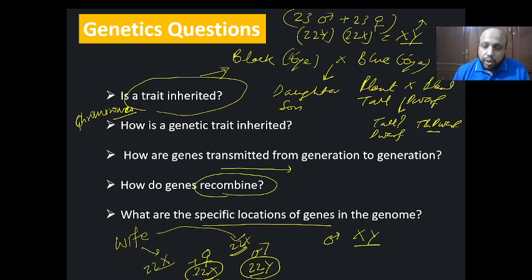Now, there is another interesting thing that you see here: how do genes recombine? This gene recombination is a very remarkable phenomenon, and it is called crossing over.